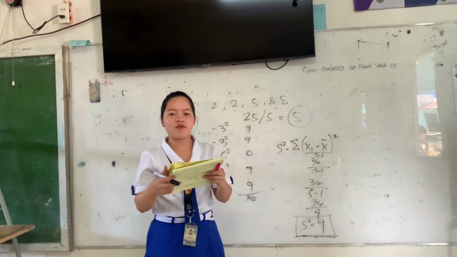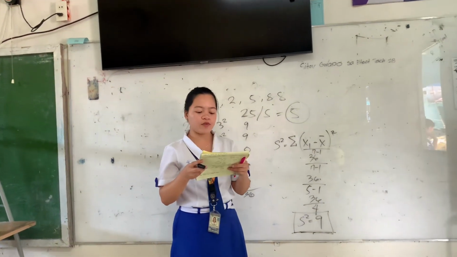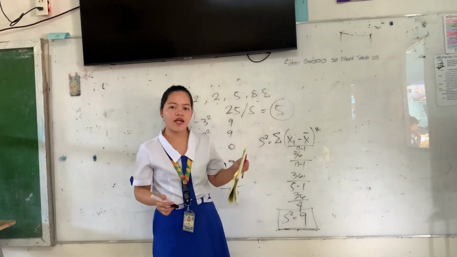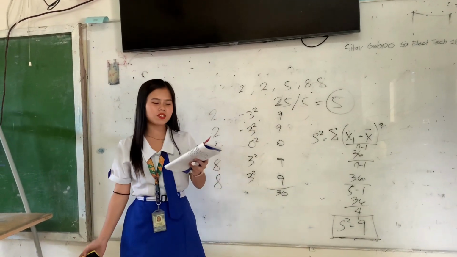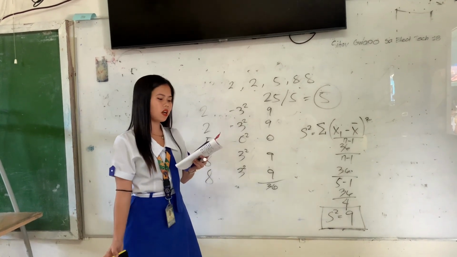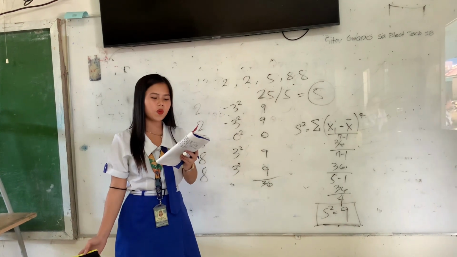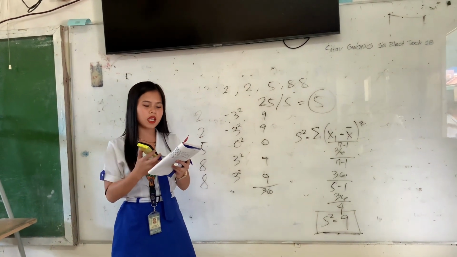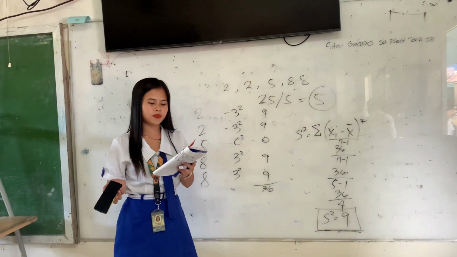The next real-life example of measure of variability and measure of spread will be discussed by Jean Pantoliano. So our next example is the standard deviation. Our example here is a class of students took a math test. Their teacher wants to know whether most students are performing at the same level or if there is a high standard deviation.